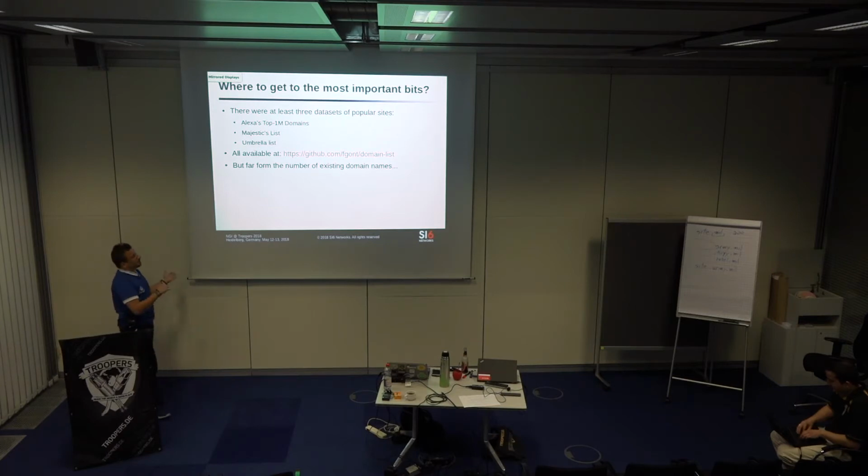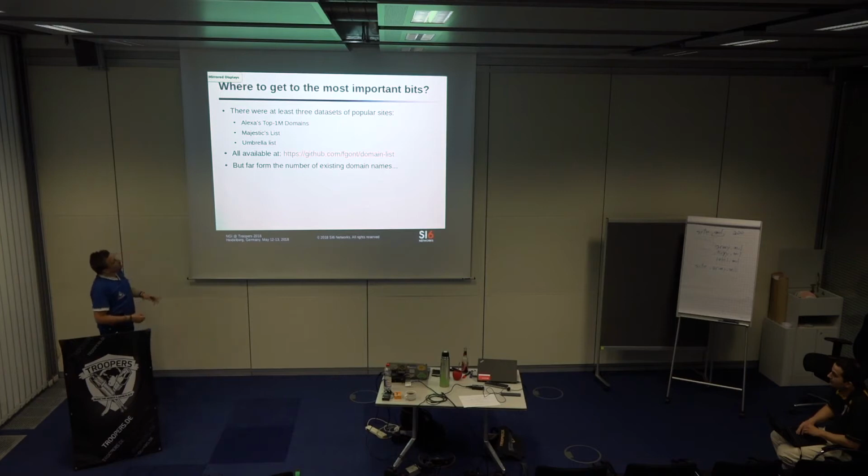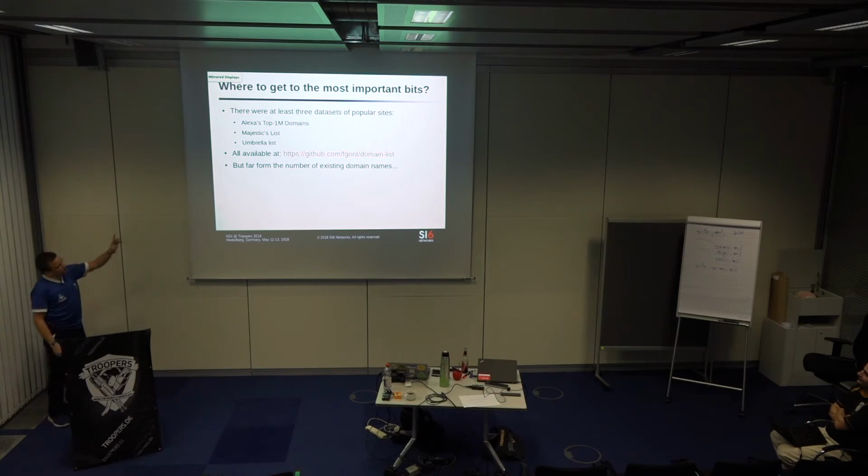The piece of information that I already had was these 3 different lists of important or popular domain names. I have put them available on GitHub. Actually, I put it there for myself, because I usually need to look at those files and I never know where to find them. So if you synchronize that Git repo, you get the 3 lists.